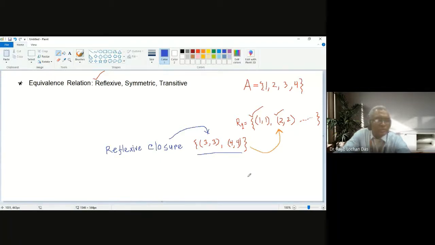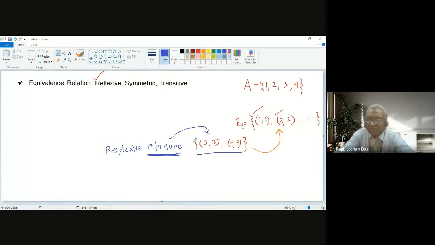So what is the closure? You will tell closure is the set of elements which is necessary to be in the relation for completing a certain property. I'm telling again. So what is the closure? Closure is the necessary pairs. Closure is not one single pair.